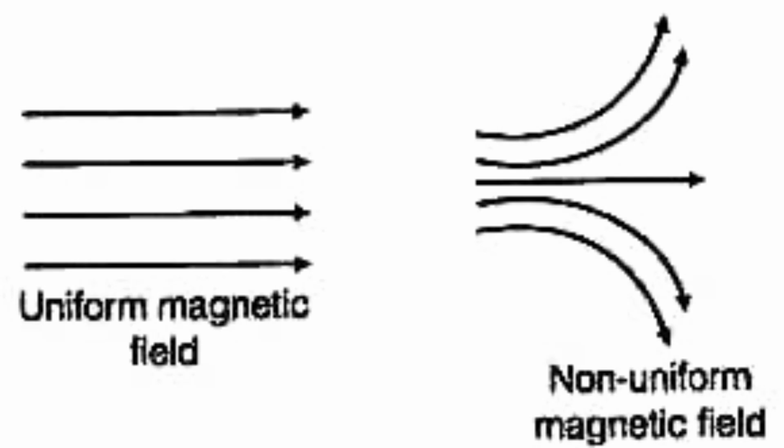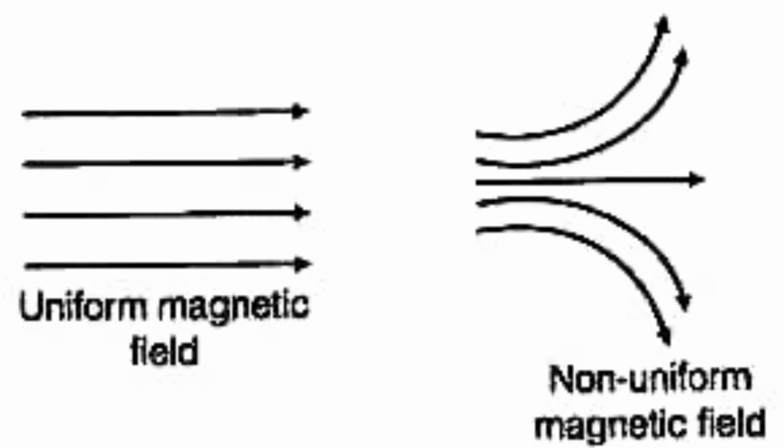Non-uniform magnetic field lines, as shown in the figure, represent a clear difference between the uniform and non-uniform magnetic field. A non-uniform magnetic field is a space or region in which the magnetic field has different strength at different points, which means the magnitude and the direction of the magnetic field vary at different points in the region.